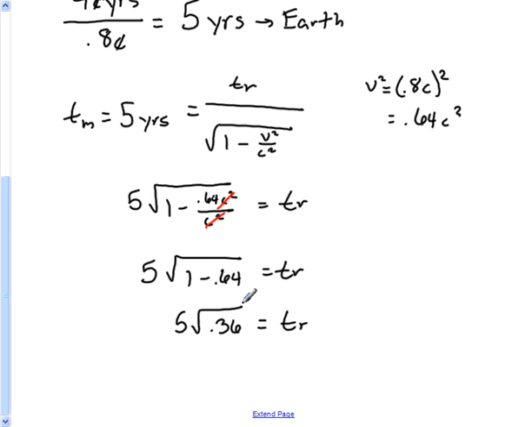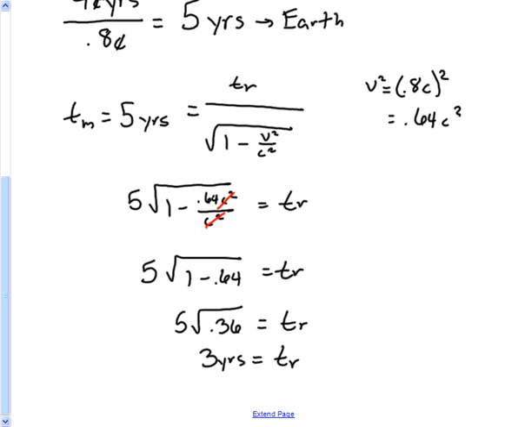If you put that in your calculator, actually, let me do it real quick to make sure I give you the right answer. Okay, and you get 3. So on the spaceship, they are going to experience 3 years.